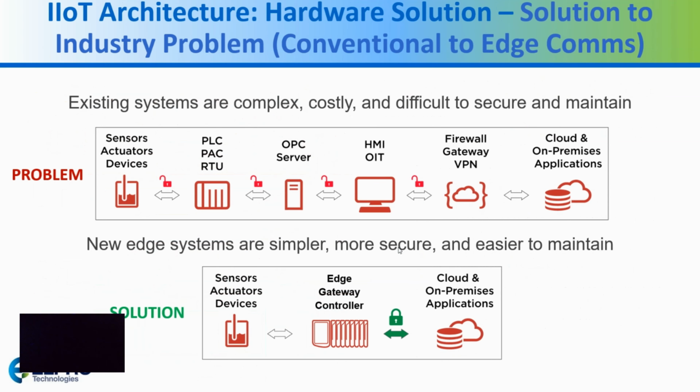So conventionally, in plants, you would have sensors being wired to PLCs, communicating over an OPC connection to HMIs, which then goes through a firewall or a gateway or a VPN for security to the cloud or on-premise device.